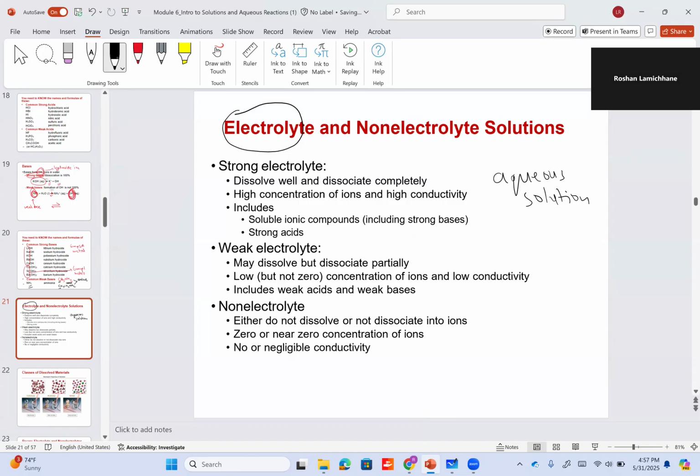Now you should have learned, or someone might have told you, oh, drink Gatorade, it contains electrolytes. But have you ever thought about what the heck that electrolyte is? What am I drinking whenever I'm drinking Gatorade? Because they tell me to drink Gatorade to replenish electrolytes in my body.